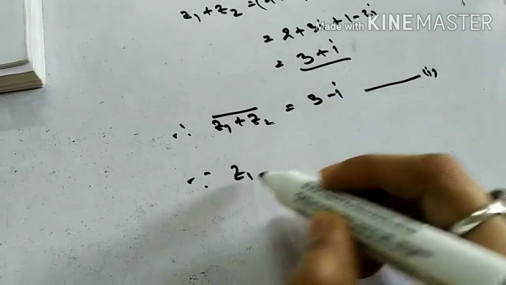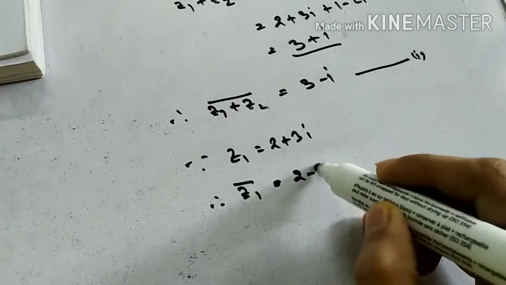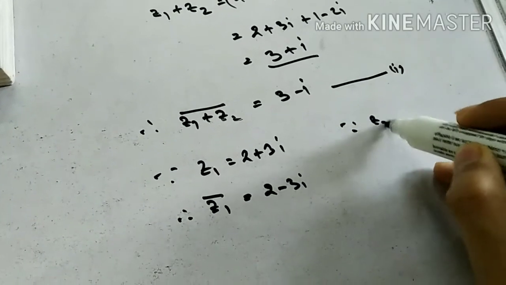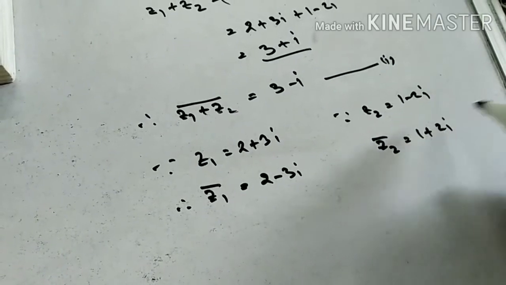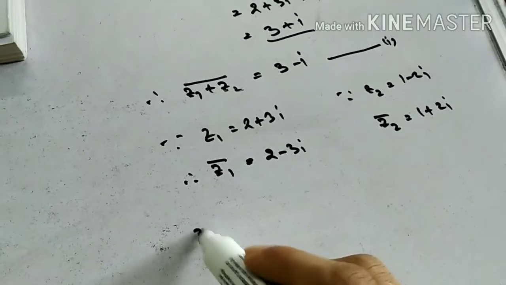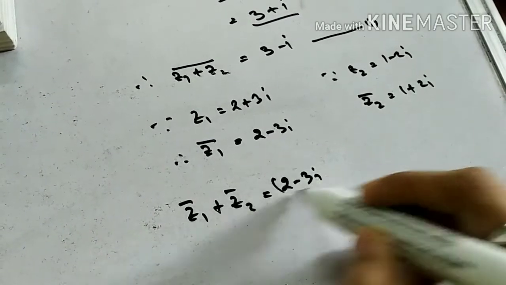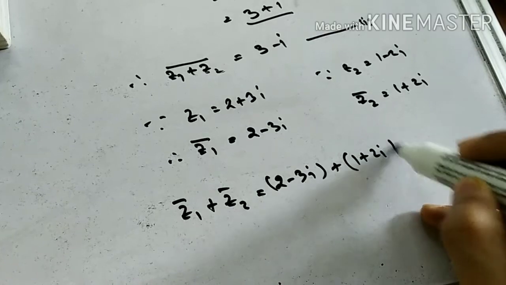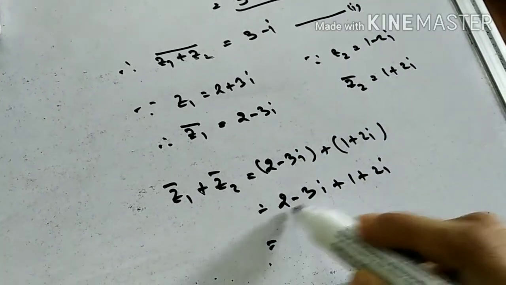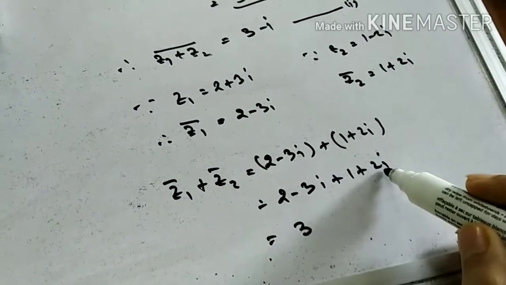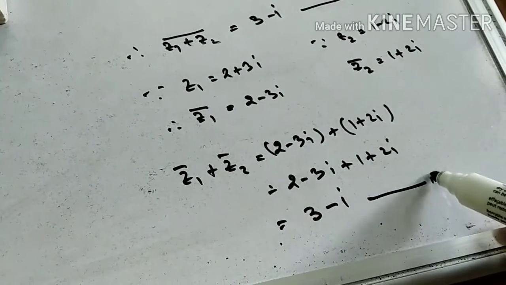Since Z1 is equals to 2 plus 3i, therefore Z1 bar is equals to 2 minus 3i. And again, since Z2 is equals to 1 minus 2i, Z2 bar is equals to 1 plus 2i. Understand? Now I will do Z1 bar plus Z2 bar. This is 2 minus 3i plus 1 plus 2i. So 2 plus 1 is 3, and minus 3i plus 2i is minus i. So this is equation 2.